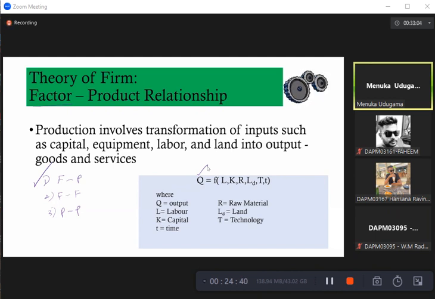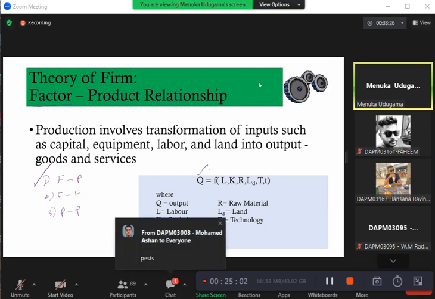Can you give me a few examples of factors that affect the quantity of output of paddy? Anyone?